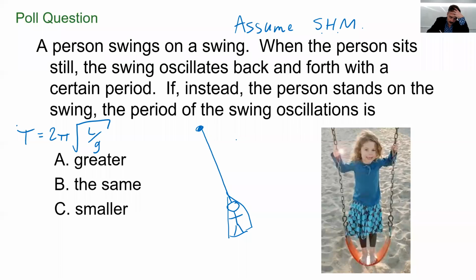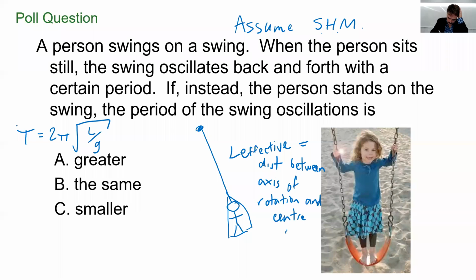So what I'm going to do is will be L effective. I'm going to say the distance between the axis of rotation and the center of mass. That's my idea here.